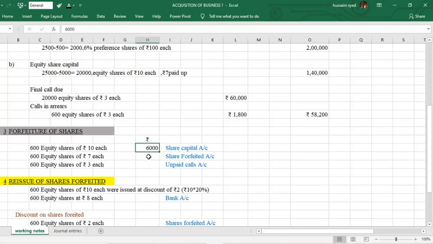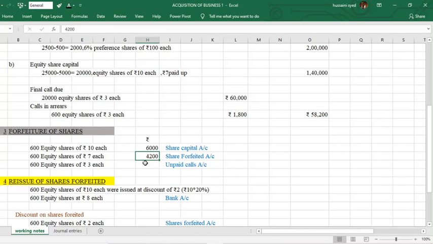So 6,000. Out of 10, if 3 has not been paid, how much has been paid? 7. 600 equity shares into rupees 7 each, you will get 4,200. This amount the company is not going to return to the shareholder.